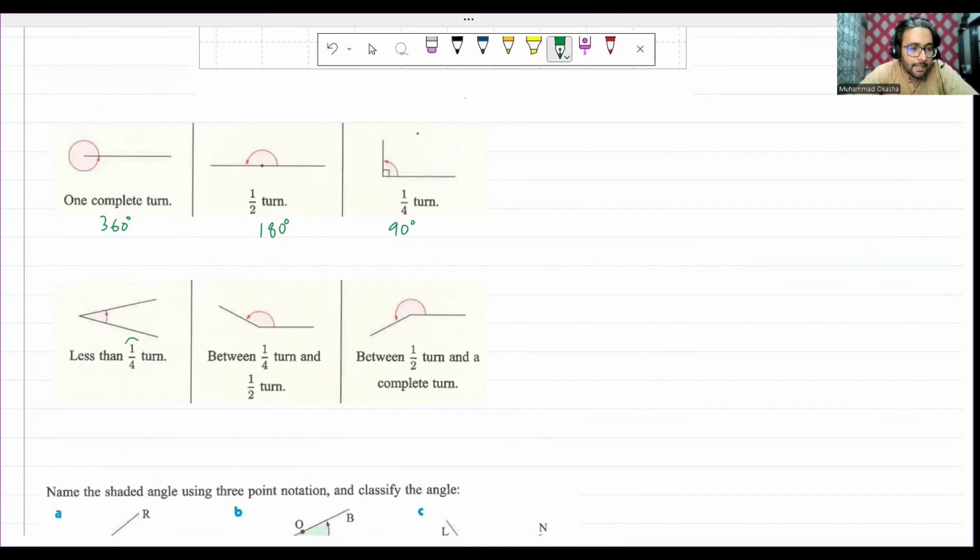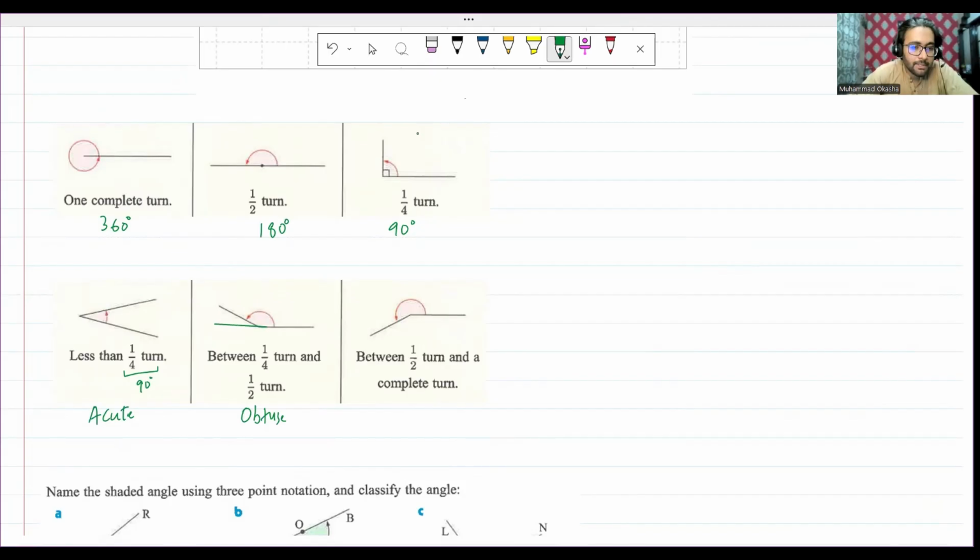Remember, 1/4 of a turn is 90 degrees. Any angle that is less than 1/4 of a turn is called an acute angle. This is a right angle, right? If an angle is greater than 90 degrees, between 90 degrees and 180 degrees, this is called an obtuse angle.